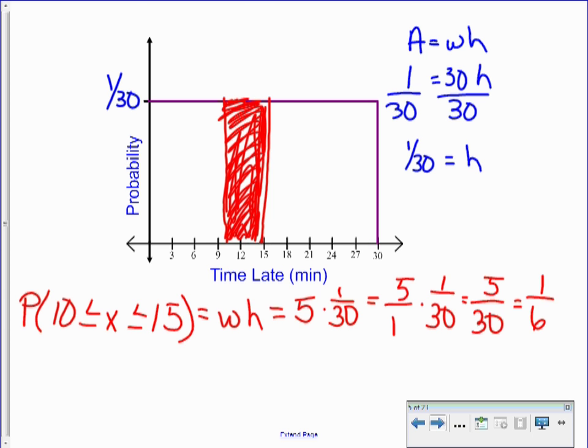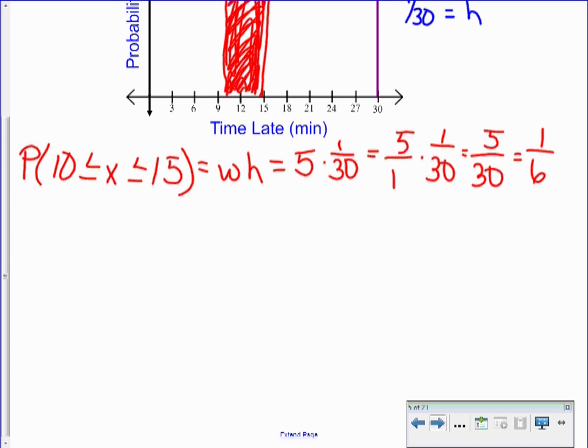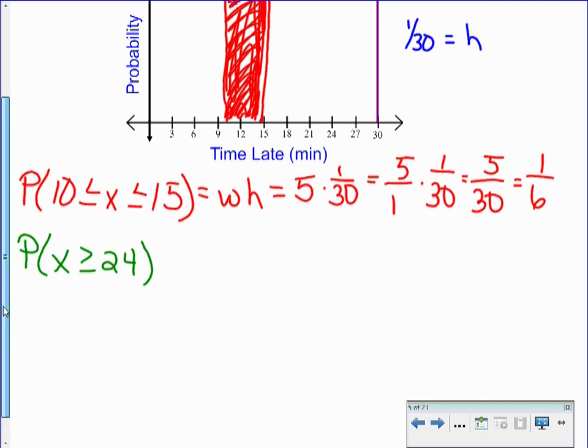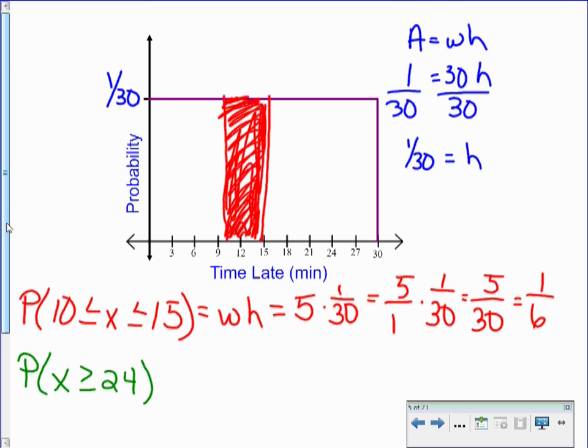All right, let's try this one. Our stage situation. Let's look at the probability that our friend is 24 or more minutes late. So once again, we'll do our width times the height. 24, of course, is here.